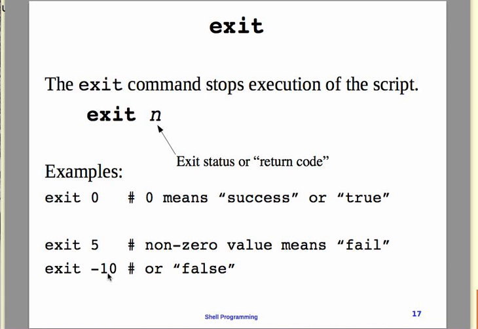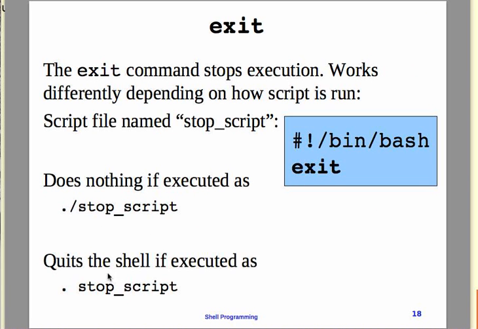One thing you want to watch out for is if you use exit in a script. Let's say you wrote a very simple script with only two lines, one saying that this is a bash script, and the only line of code is exit.